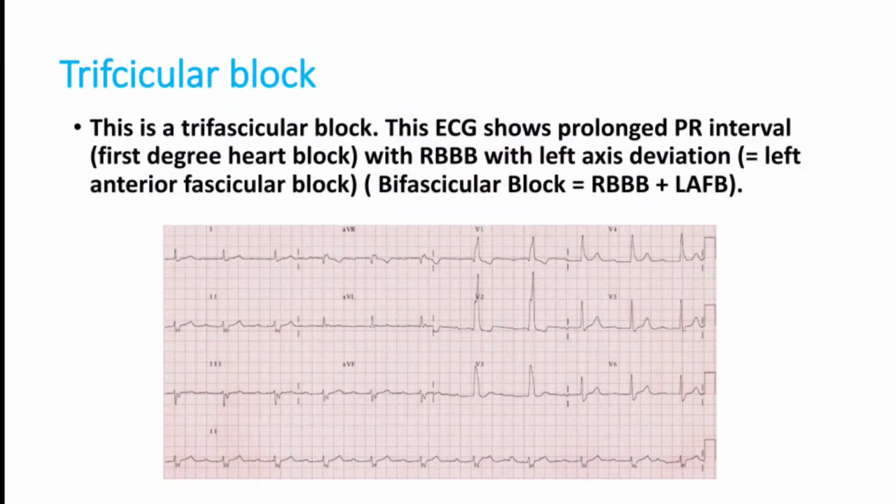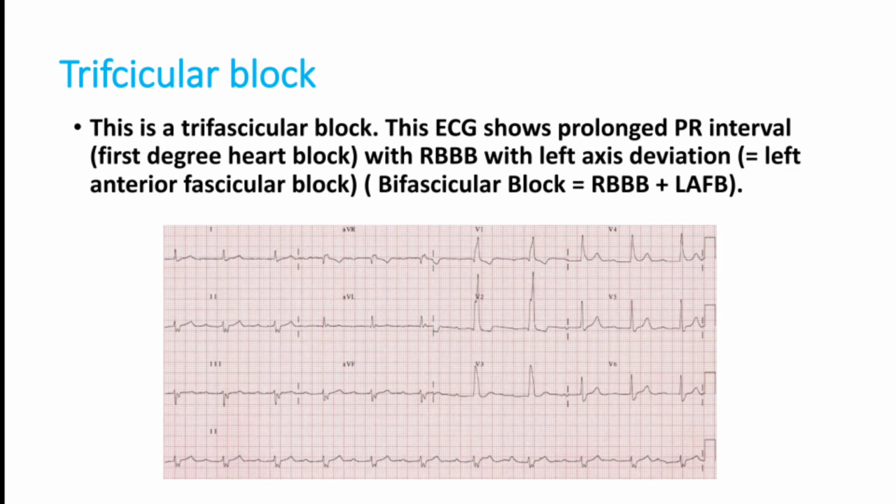That is trifascicular block. So the ECG shows prolonged PR interval, first degree heart block, RSR dash pattern, RBBB, with left axis deviation, that is left anterior fascicular block. So you have three components here, that is trifascicular block.